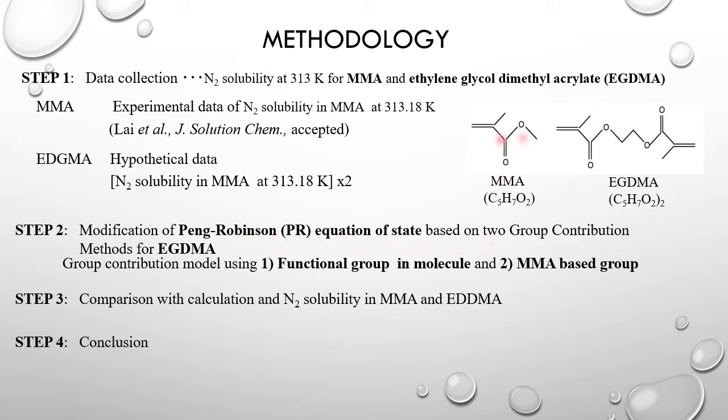The reason EGDMA was selected is that the molecular structure of EGDMA is the mirror image of MMA. In other words, we call it a dimer of MMA. As we can see in the figure, the molecular structure of EGDMA is 2 times that of MMA. If the key group exists in MMA, the solubility in EGDMA is expected to be twice that of MMA.